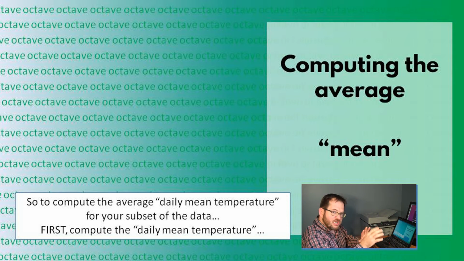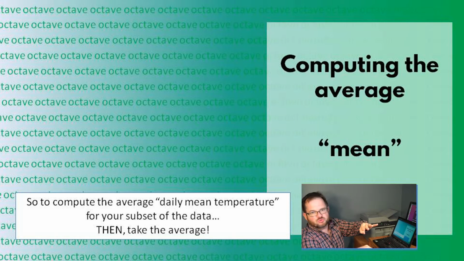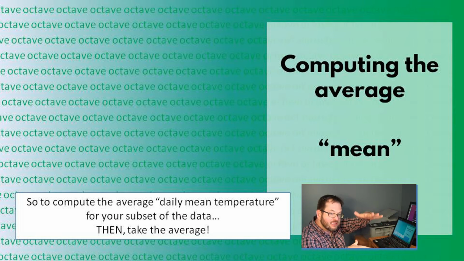So, to parse this through: first compute the daily mean temperature, then take the average of that. If I wanted to compute the daily mean temperature for July at my station, first screen for that station, then screen for the month being equal to 7, then get rid of all the ones where the maximum is missing, then get rid of all the ones where the minimum is missing, and what's left is a subset of the observations that are for that station and that month.